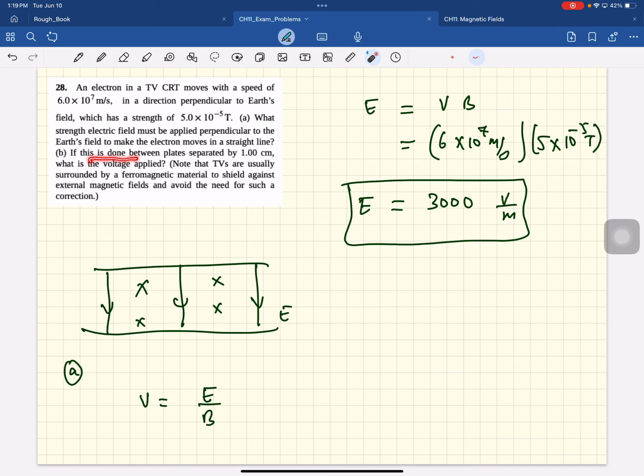If this is done between plates separated by 1 centimeter, essentially a parallel plate capacitor, the voltage between them is the electric field times the distance.